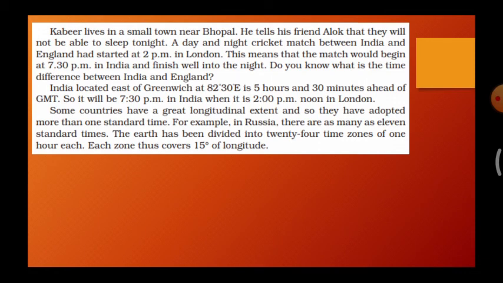We have already seen that the longitudes are divided every 15 degrees. That's why Russia, being a big country, is divided into 11 standard times, all included in one area called Russia.